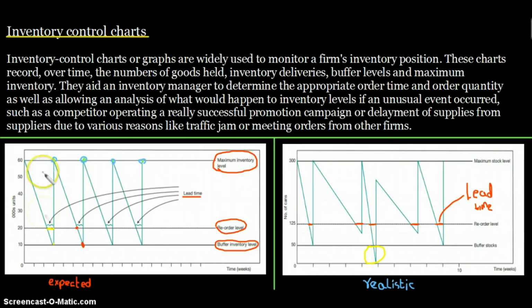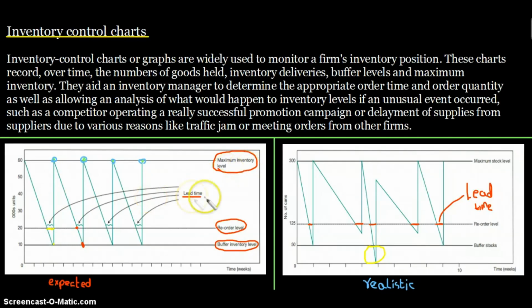So we are ordering 50,000 units. When the drop occurs, we order 50,000, so from 10,000 it directly maxes out to 60,000. 60 minus 10 is 50, of course. So the 50,000 is your order size, and 10,000 is the buffer inventory level. Add both, 10,000 plus 50,000, and it makes 60,000.